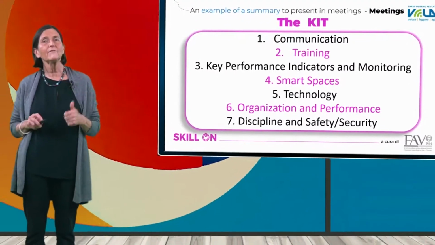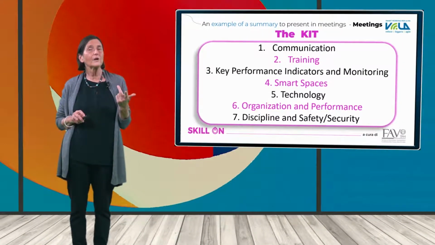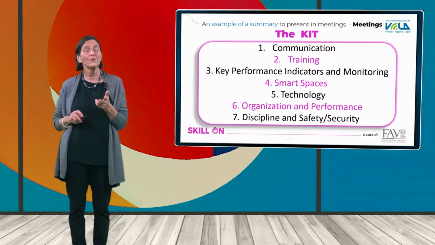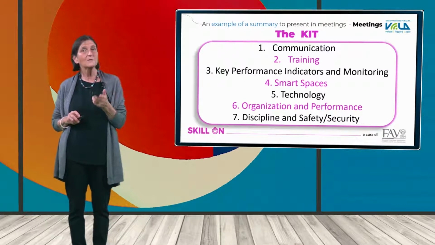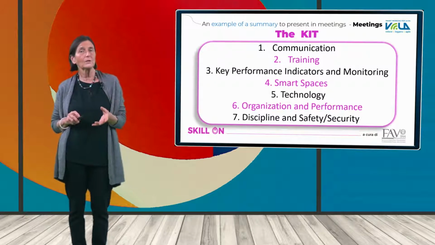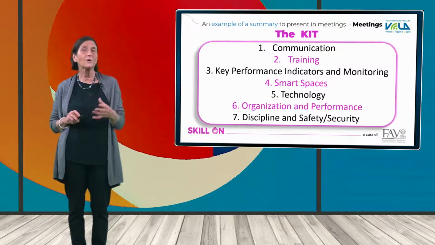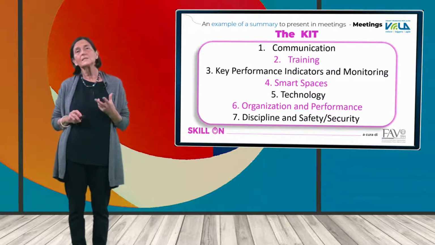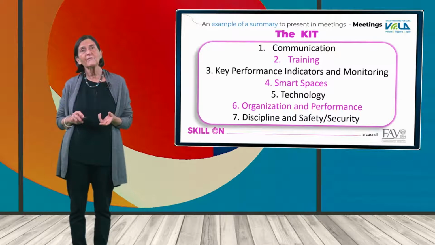And the kit involves communication, training, KPIs, the key performance indicators and monitoring, smart spaces, we've looked at those, technology in the different levels depending on the network and the potential and the hardware and software in each local authority and region. Sixth point, organisation and performance.